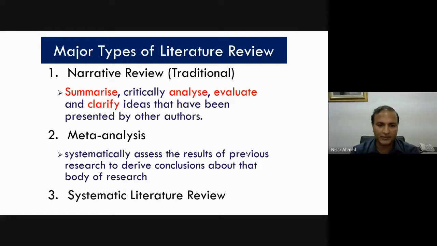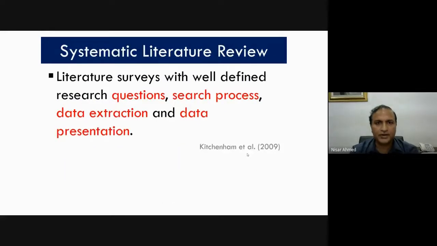And then the third type of literature review is the systematic literature review, or you can also call it citation-based systematic literature review, which I will be talking about in more detail now. So what is systematic literature review? Let me first give you a very simple definition. And of course, again, this is one definition. There may be other ways of explaining or defining the systematic literature review.